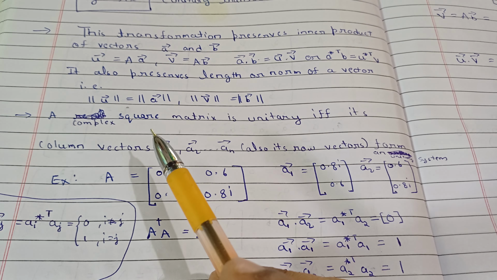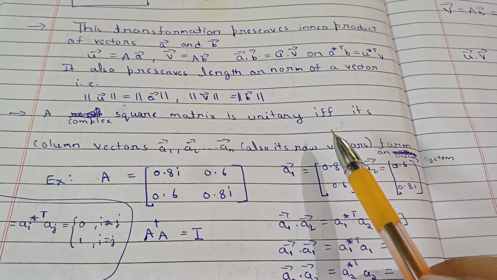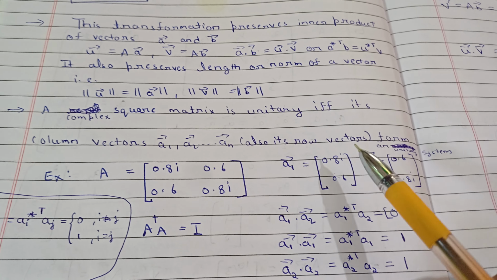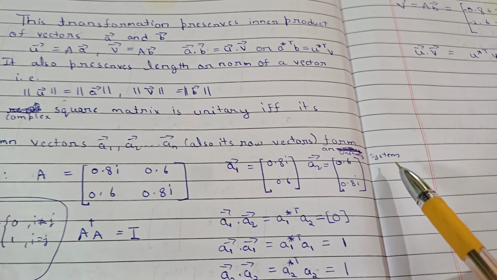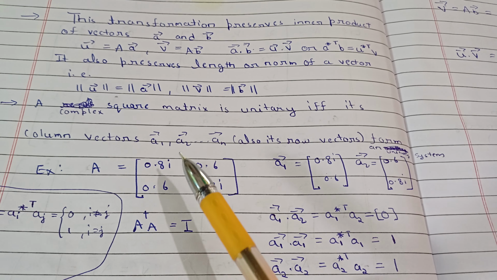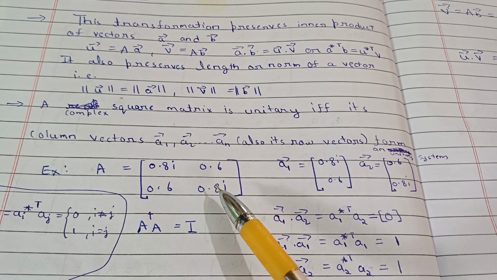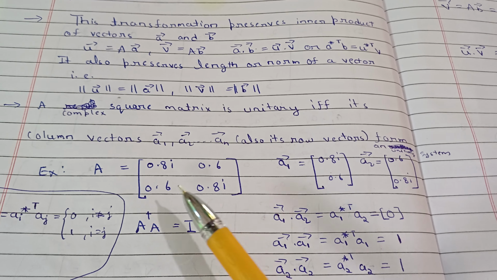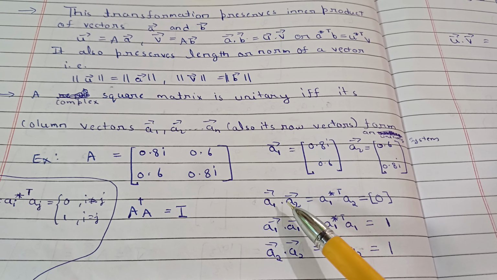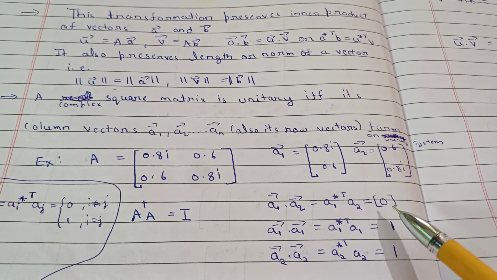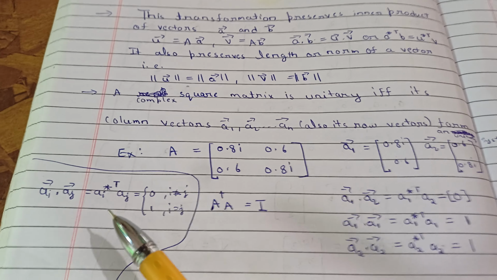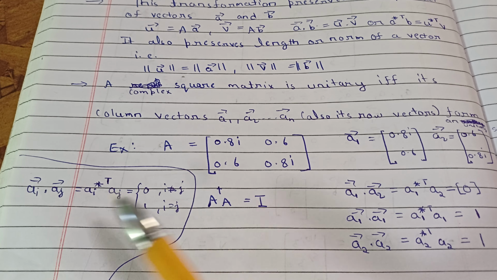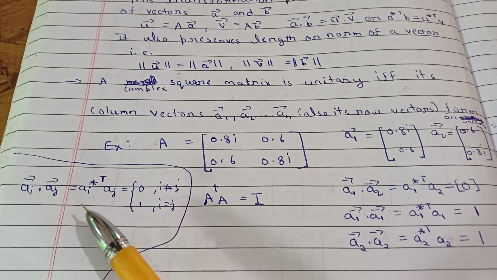And same as in the orthogonal case, a complex square matrix is unitary if and only if its column vectors a1, a2, a3, or its row vectors, form a unitary system. Means the inner product ai dot aj should be equal to 0 if i is not equal to j, and it will be 1 when i equals j.